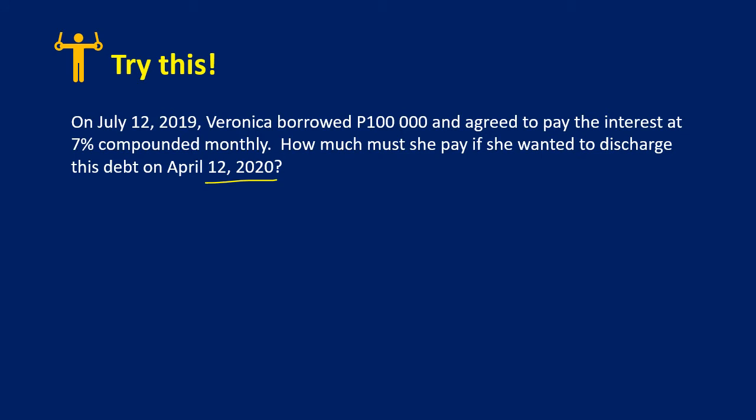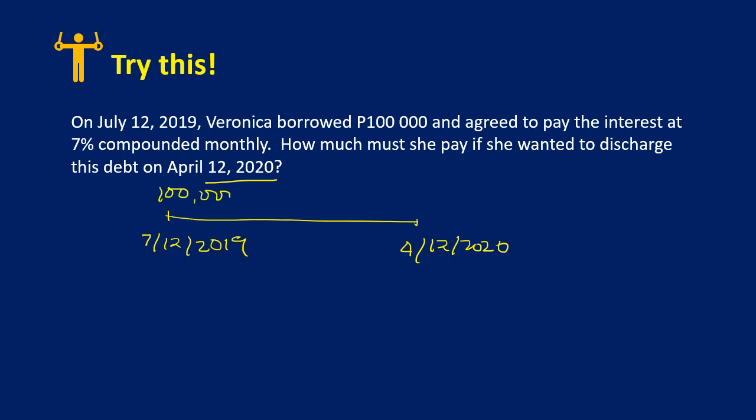So therefore, what are we looking for? We're looking for the future value, right? This is July 12, 2019. We are looking at the future value on 4/12/2020. What is now the value of 100,000 at that time?